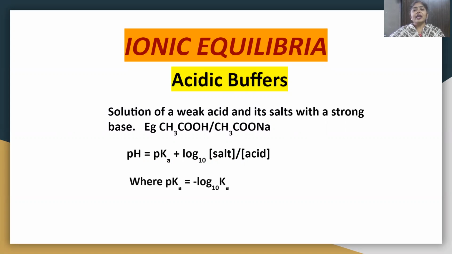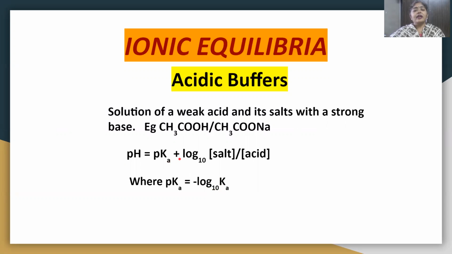Similarly, your pKa is negative logarithm of Ka to the base 10. So what is Ka? Ka is the value of the dissociation constant for the weak acid. Okay, so you have to first calculate the value of Ka, or the dissociation constant, of the weak acid. Find the negative logarithmic value of that Ka to the base 10. That will be your pKa.